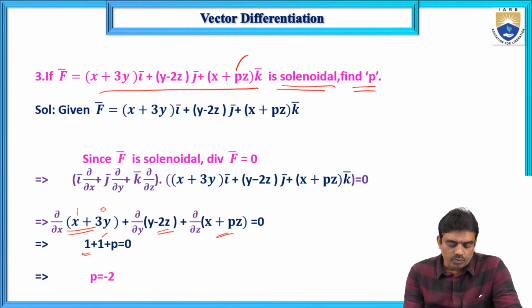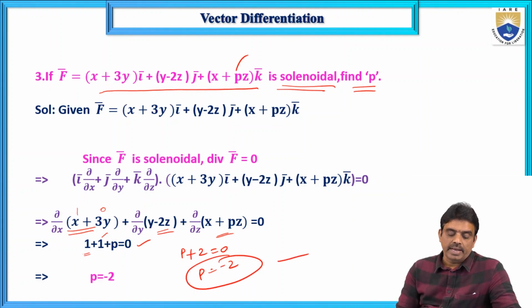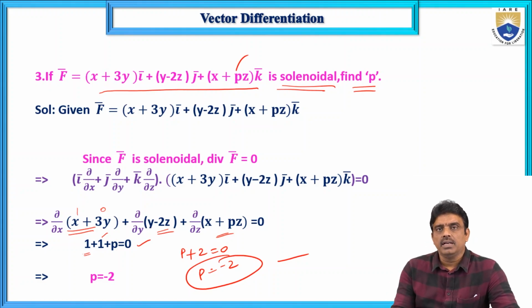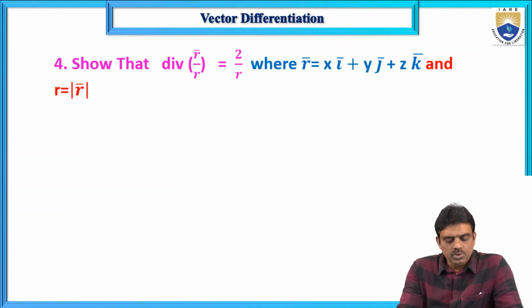So 1 plus 1 plus p is equal to 0, or p plus 2 is equal to 0, or p is equal to minus 2, which is the value of the unknown in the given function if the vector is a solenoidal vector point function.